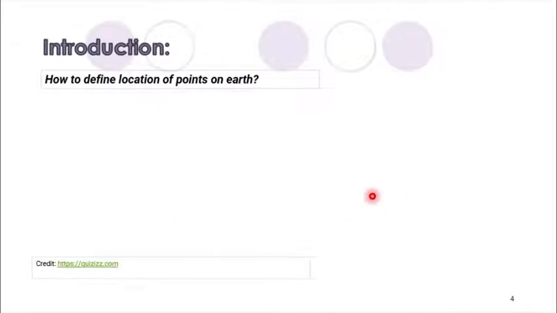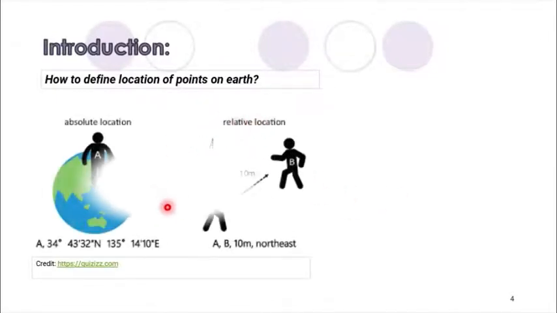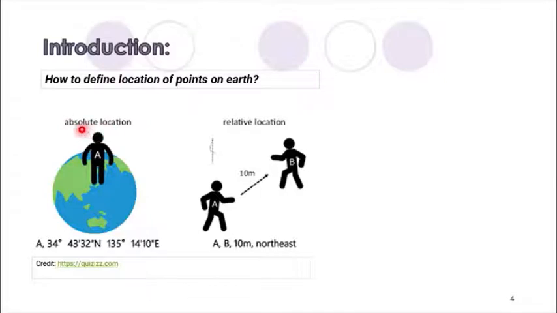So how do we define the location of points on Earth? If you look at this figure, the position of points on Earth can be defined in terms of whether it is absolute or relative location.